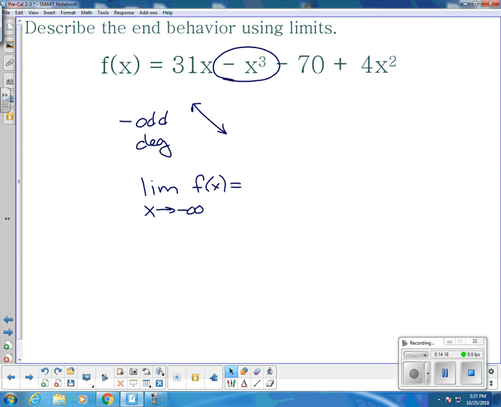So as x goes to negative infinity, that's the left side of the graph. The graph is going up, so that is positive infinity. As x goes to positive infinity on the right side of the graph, it's going down. They should be opposites if it's odd. Okay? All right.